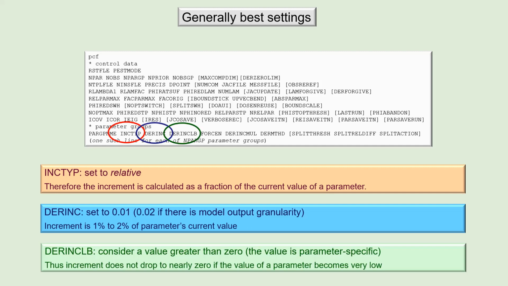However, if a parameter becomes very small in value, 2% of a very small value is a very, very small value, so sometimes it may be worthwhile telling PEST that there is a lower bound on the increment that it would use for any parameters in that group. That is supplied through the DERINCLB control variable.